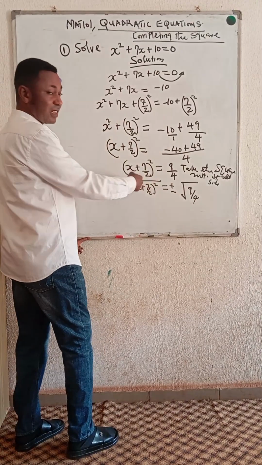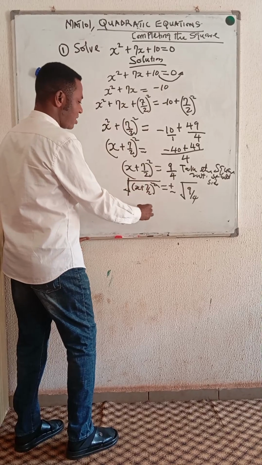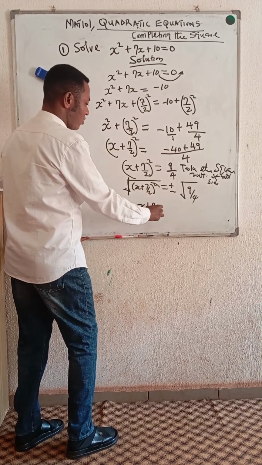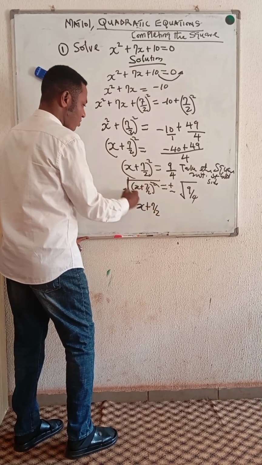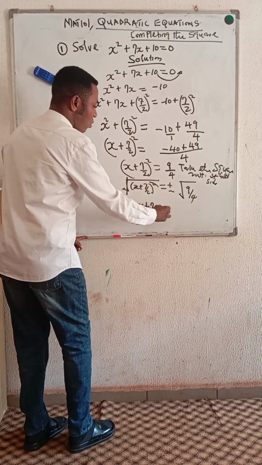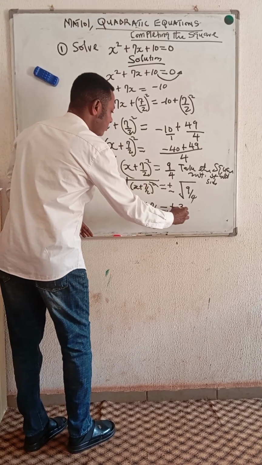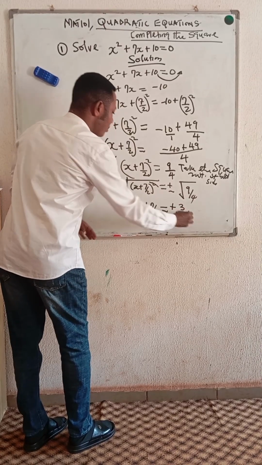Now, taking the square root of the left hand side, the square root cancels the square. So now we'll be left with x plus 7 all over 2. It is equal to plus or minus the square root of 9, which is 3, and the square root of 4, which is 2.